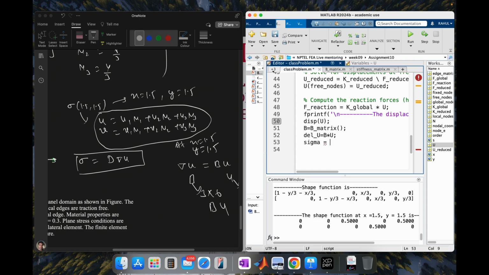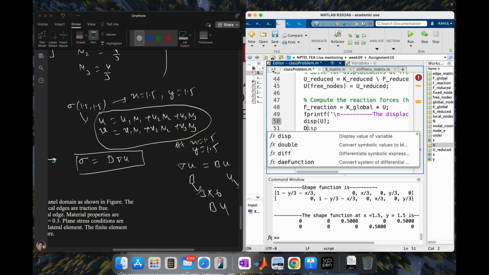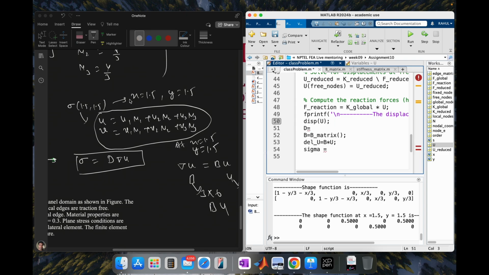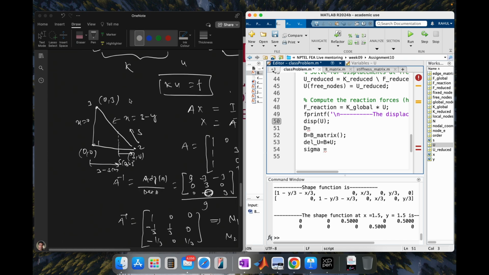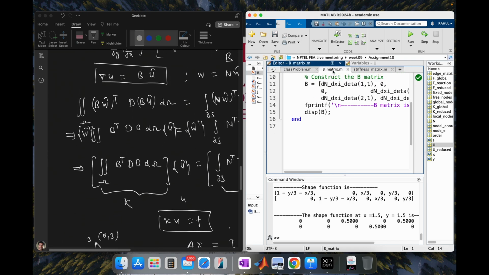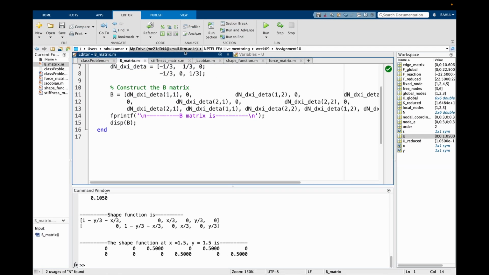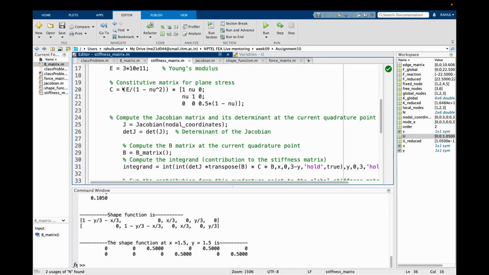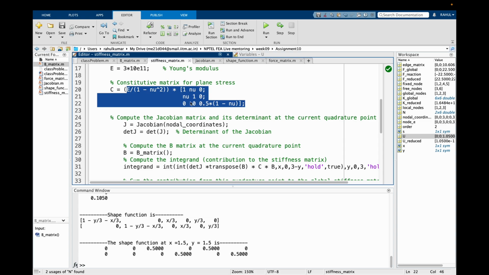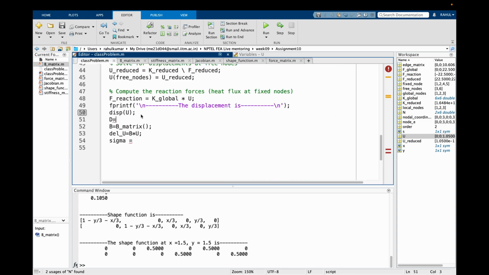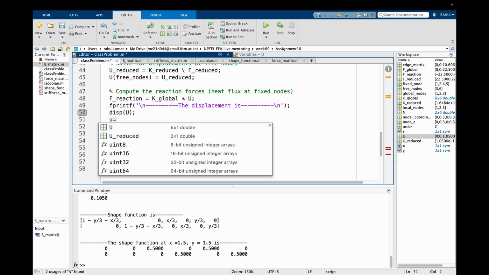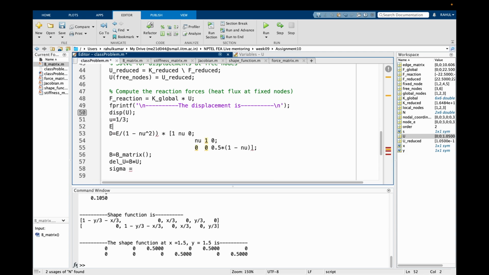So sigma will be D times, and what is that D? D we have not imported, so let's multiply here. I think we have used it already in the stiffness matrix. So this is D. Okay, and what is nu here? Nu equal to 1 by 3, and what is E here?